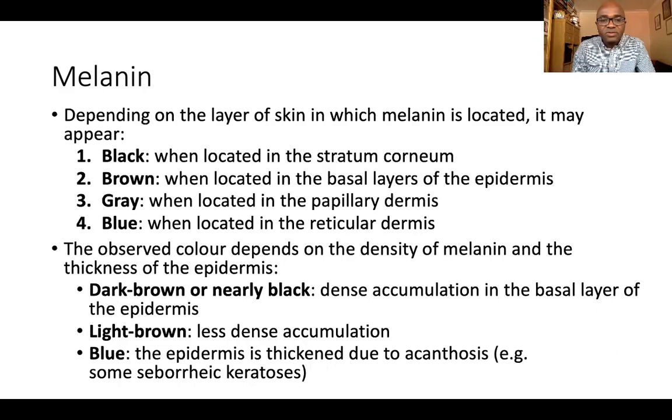Because of acanthosis, even though you might see some melanin pigment in the epidermis, it will look a little bit blue, especially in very thick seborrheic keratosis, which are non-melanocytic lesions, but because of acanthosis they become thickened, and then you see all this thick blue material when you're looking at very dark seborrheic keratosis with dermoscopy. We'll come back later to lesions I would call melanoacanthosis or melanoacanthoma, which is like a dense dark seborrheic keratosis, which can be confusing and look like a melanoma.